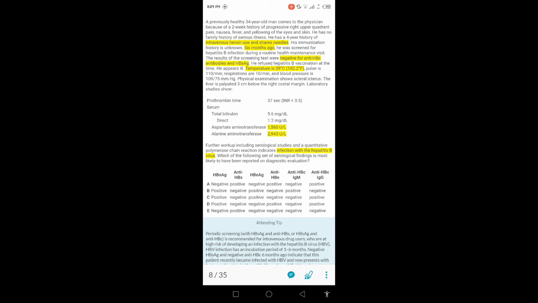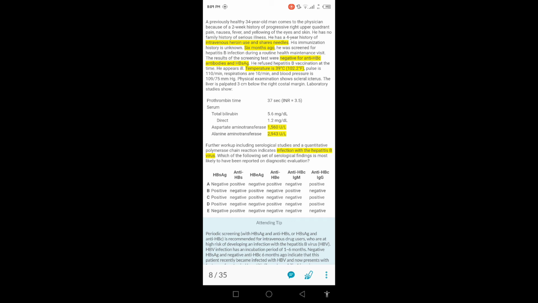So in acute hepatitis, the hepatitis B surface antigen should be positive as it is a marker of acute infection. And during acute infections, the patient has not developed antibodies to hepatitis B surface antigen yet. And during the period of acute infection, the virus is replicating rapidly.